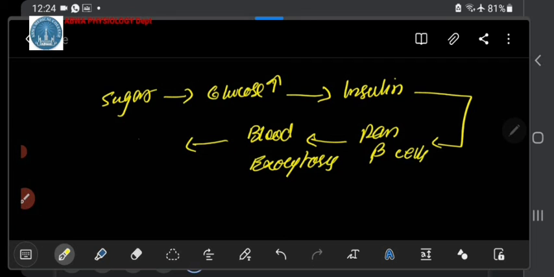Then it acts on the cells and will decrease sugar, and this process goes depending upon your eating habits, your body metabolism, your stress level, and your exercise level.